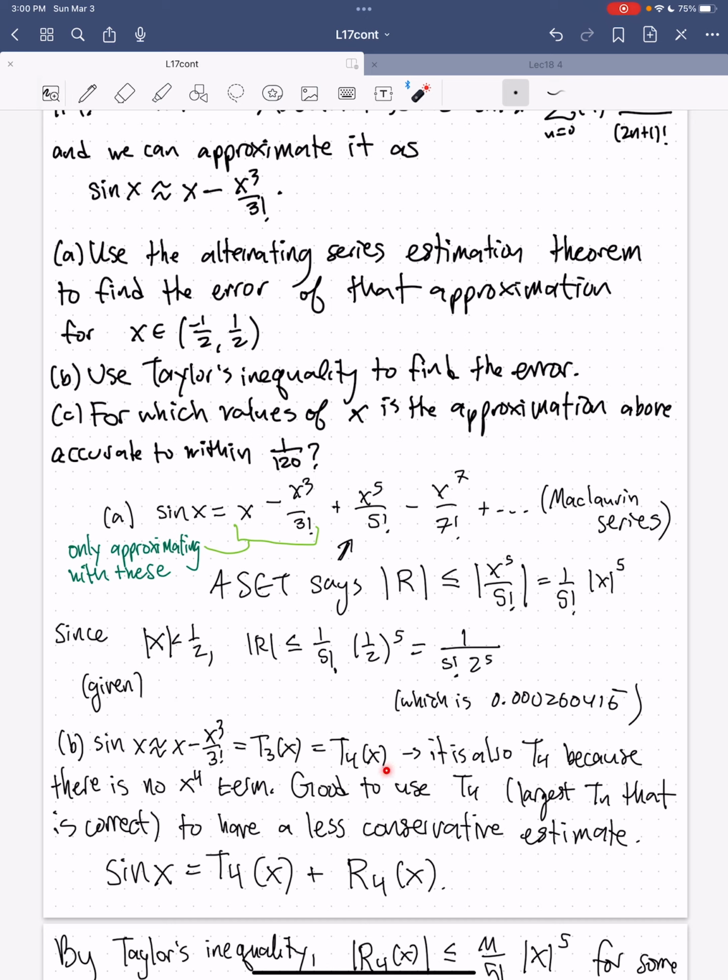And the thing with Taylor's inequality is that we do actually get a different value for the error depending on if we use T3 or T4. And so in questions like this, you want to use the largest Tn that is correct to have a less conservative estimate. So we can say that sine x is our approximation, T4x, plus the remainder after that.